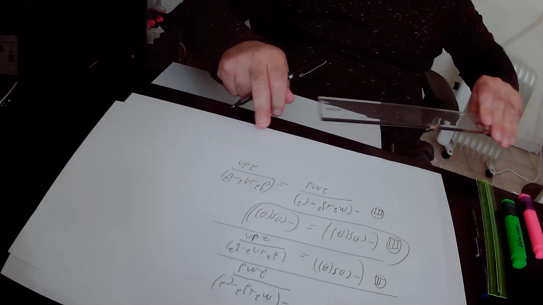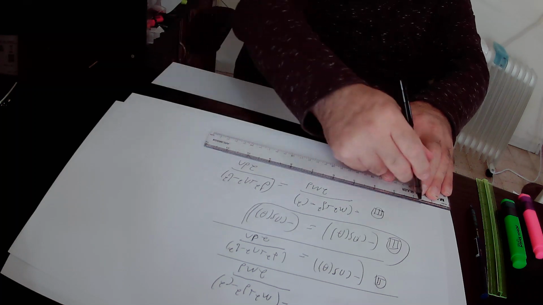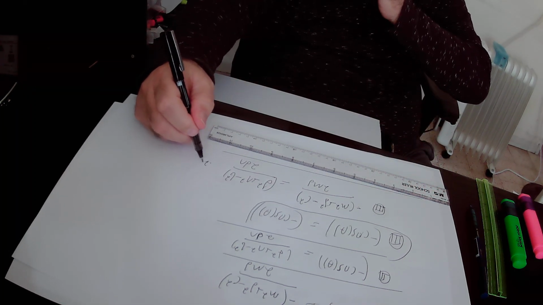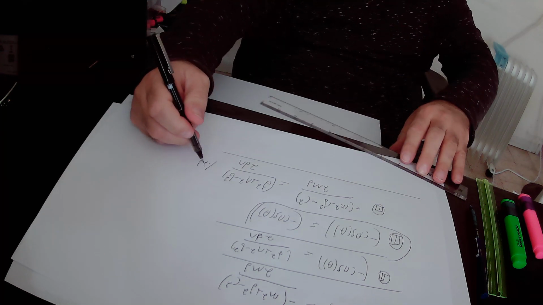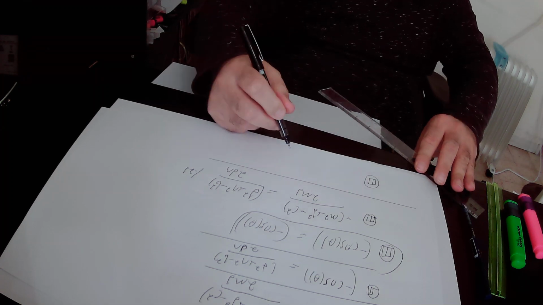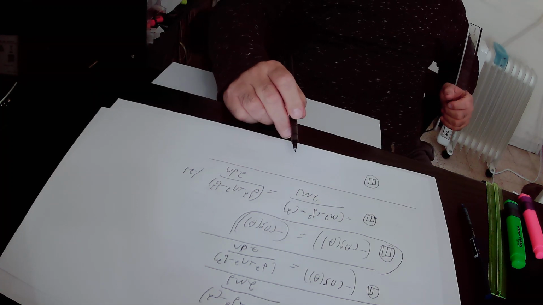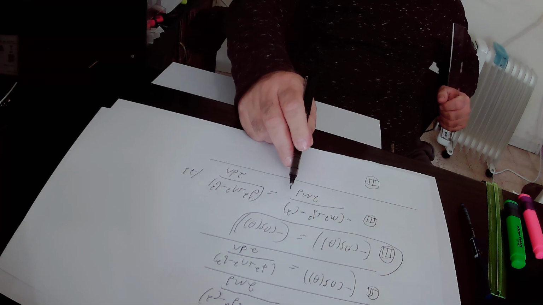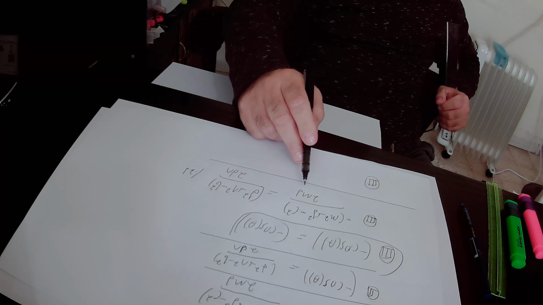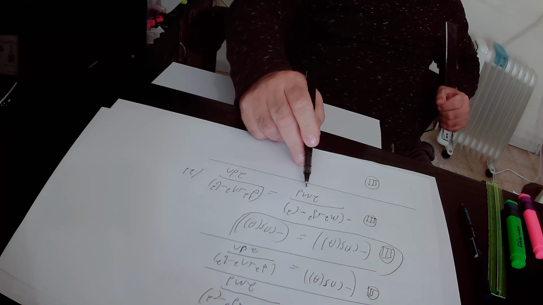In the next step, we will multiply equation number 3 by 2d, and we will get that according to equation number 3, here 2d over 2d is 1, so 2d will get cancelled, and we are left in the denominator only with m.